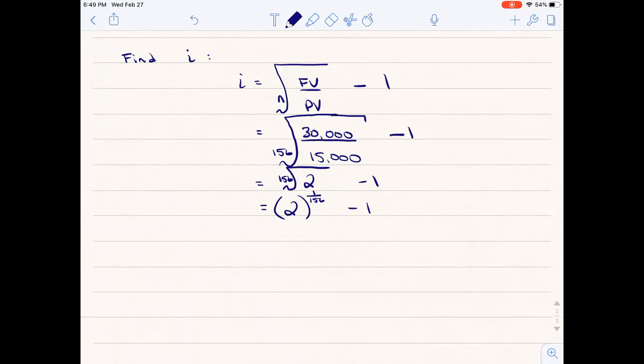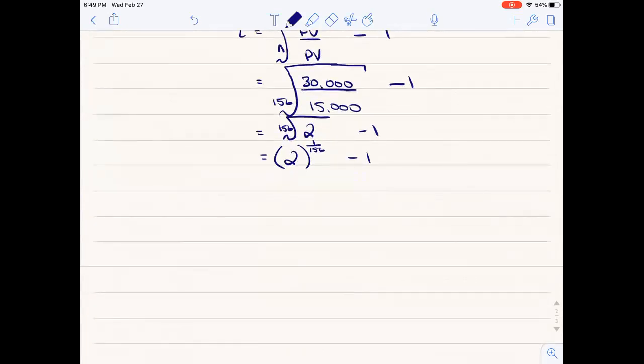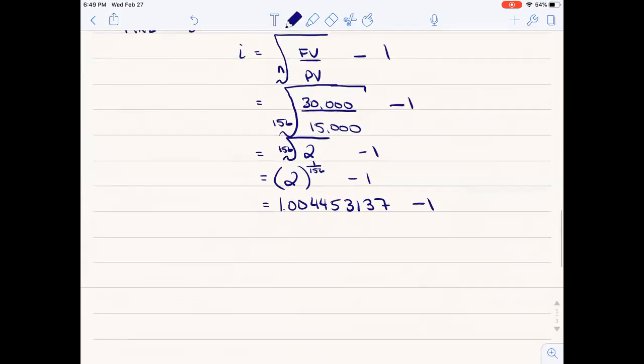So 1 divided by 156. For 2 to the power of 1 over 156, I get 1.004453137, then minus 1. You'll want to make sure that you get the same answer.